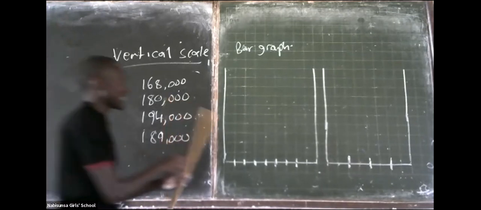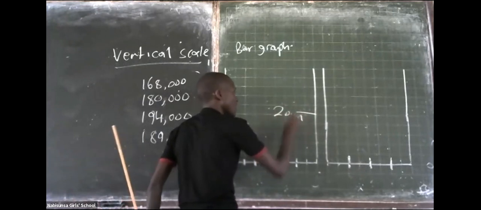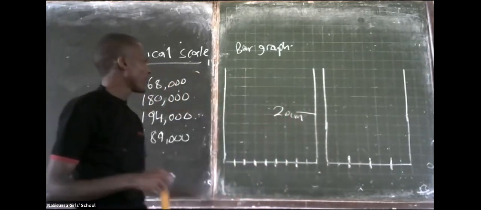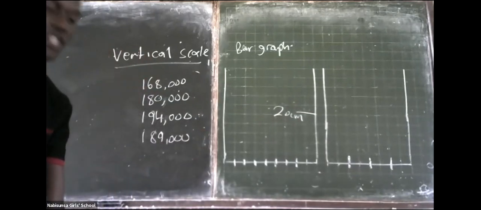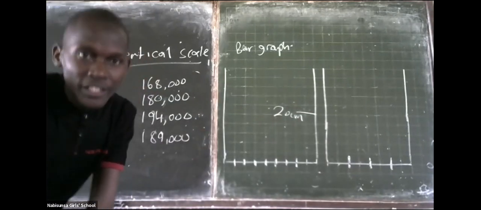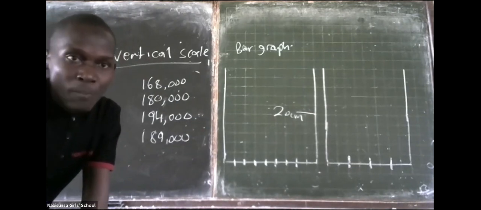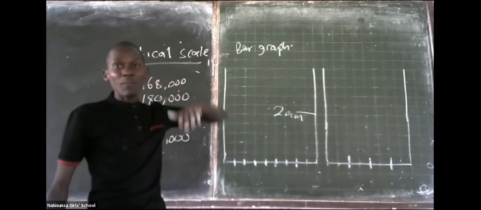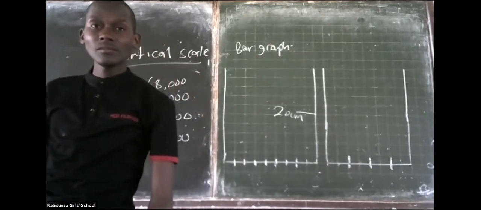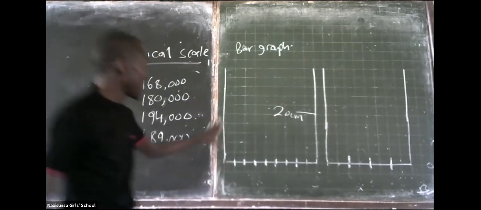But I'm saying, make sure that this line is of 20 centimeters. Someone can ask me, teacher, what about if at all I use 10? 10 is fine, but the graph is going to be short. But anyway, they will mark you, but you have to learn how to balance it on the graph. When you use 10, it's okay.